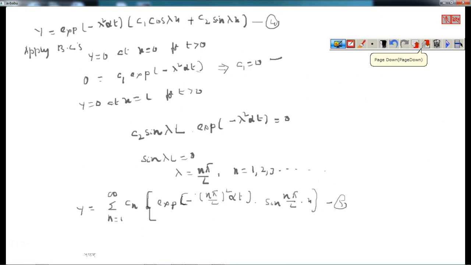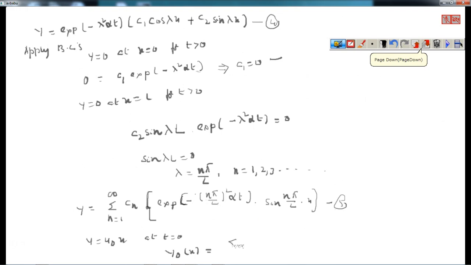Now, if I apply the initial condition, y is equal to y0 x at t is equal to 0, the exponential becomes 1.